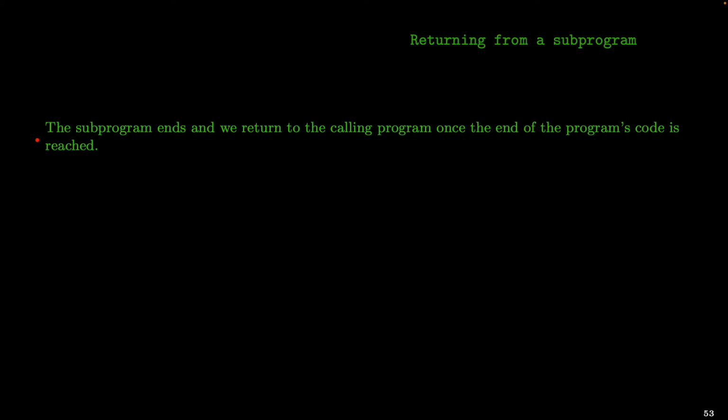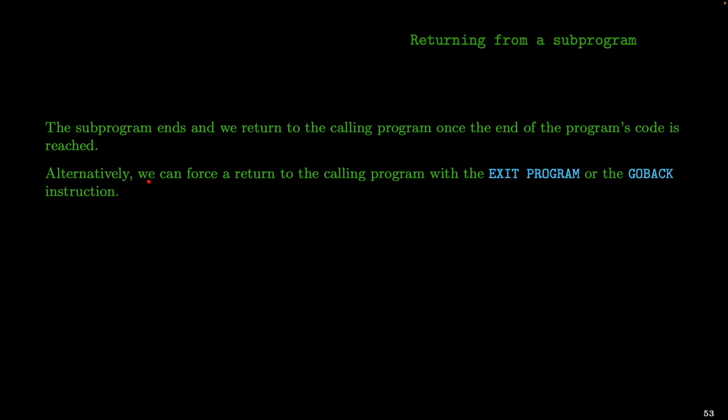How to return from a subprogram? So I just said we don't have an explicit return statement for subprograms. By that I meant we don't have a return statement that hands back a return value, but we do have instructions that can end explicitly the execution of a subprogram. Normally the subprogram ends when you just reach the end of the code, but you can force the return to the calling program with exit program or goback.